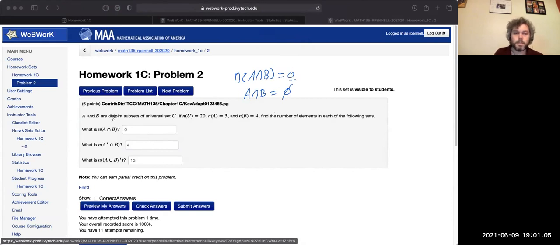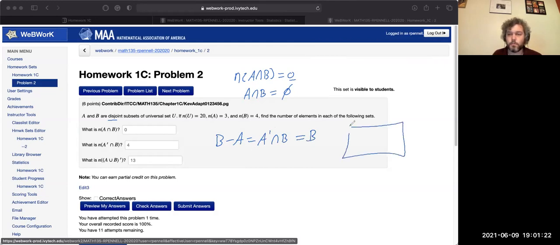They told me because they said it was disjoint. What is B minus A? B minus A is just B because they're disjoint. They have nothing in common. A is 3, B is 4. Since they have nothing in common, B minus A is just B.